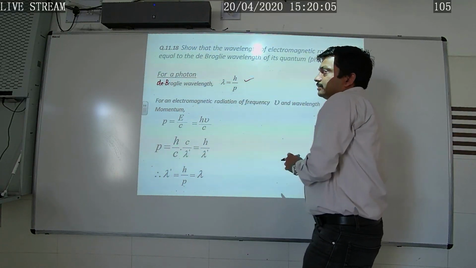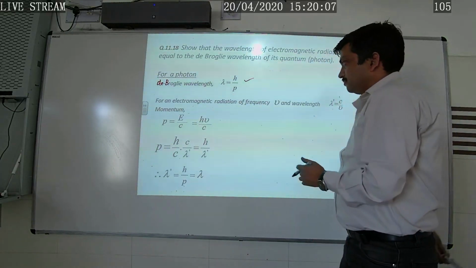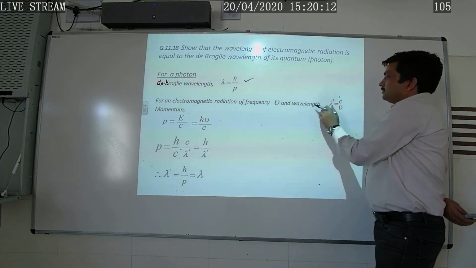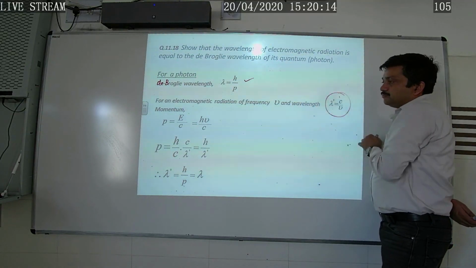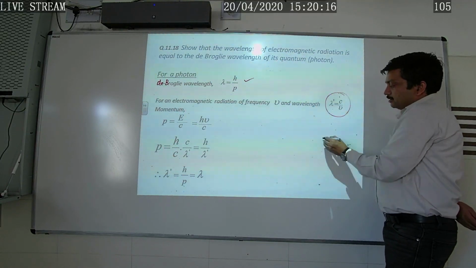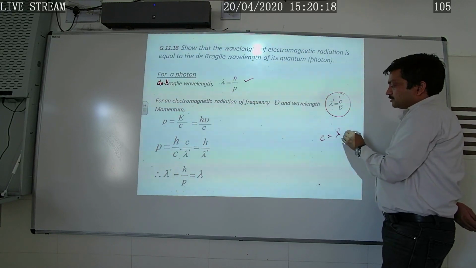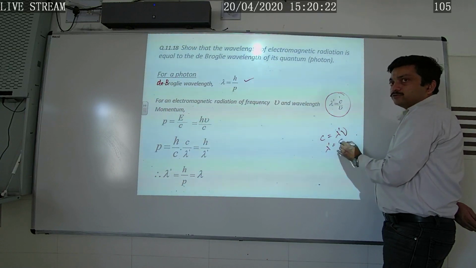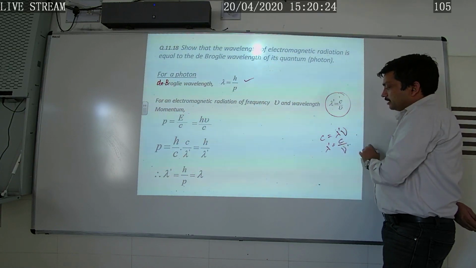Now considering this photon as a wave, that is for the radiation, we have the wavelength lambda dash equal to c by nu. Why? Because speed is equal to distance over time. So this lambda dash will be equal to c by nu.